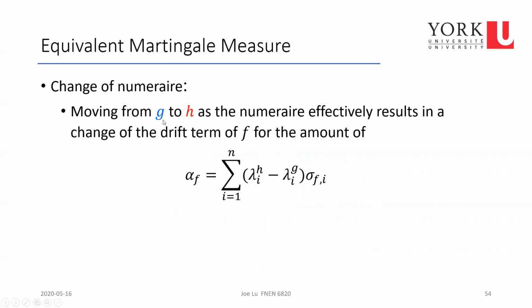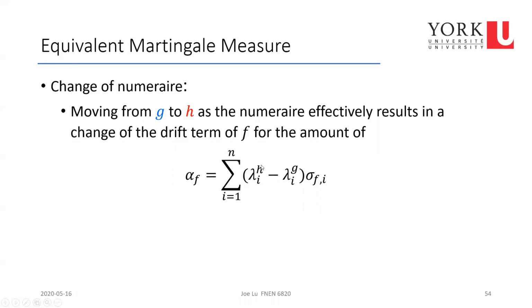So moving from one numeric asset G to the other numeric asset H, the change of the process is really the change of a drift in this particular form here.